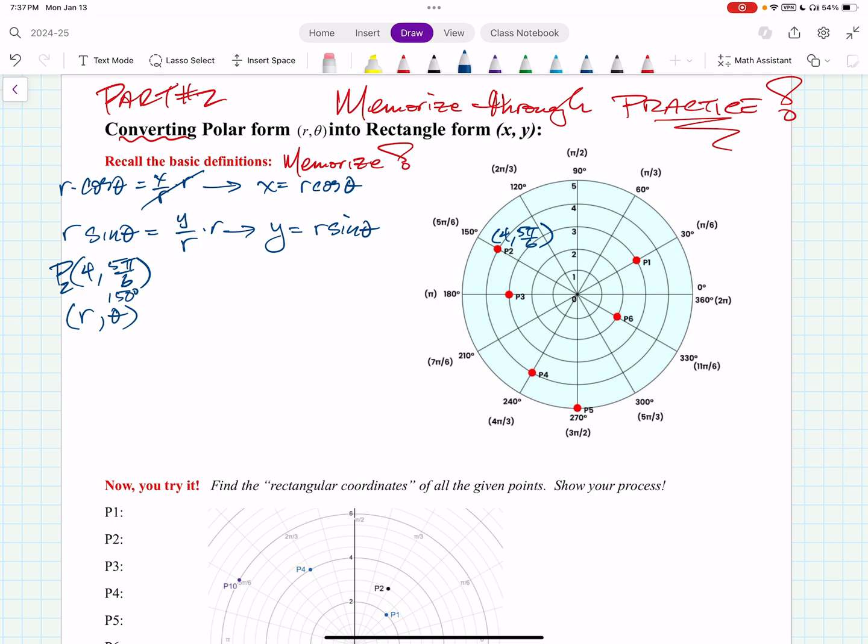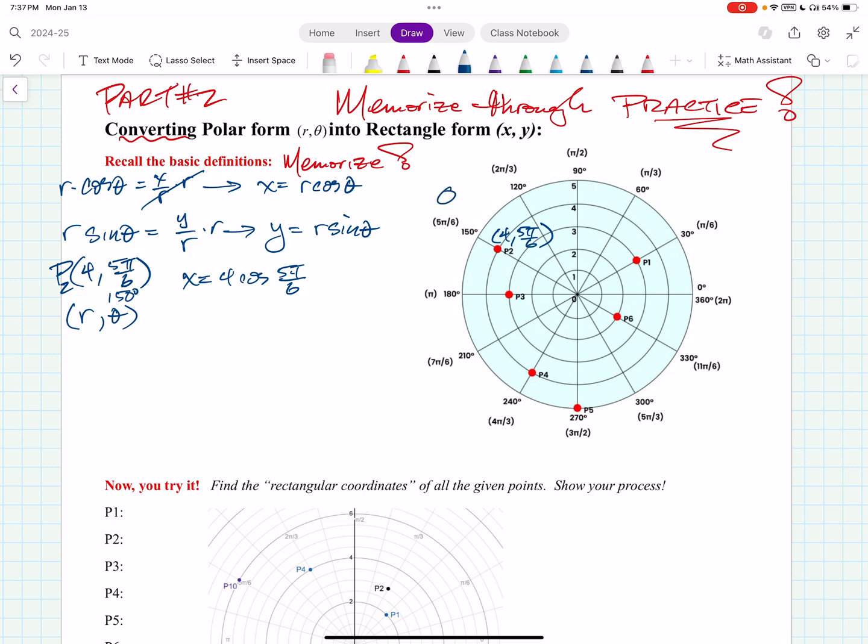So when you want to find the rectangular coordinates, you just simply substitute them in. So again, x is r cosine theta. So 4 times cosine of theta, which is 5π/6. And the question is what is that? And this is where all the previous work pays off.